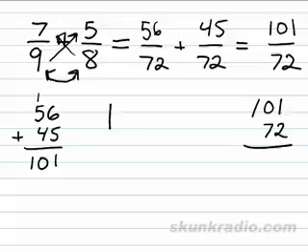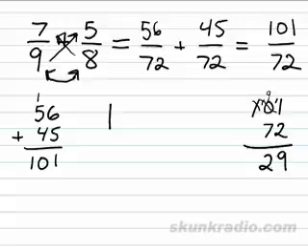I can't borrow from 0, so let me borrow 1 from this digit, and I'm going to write a 10 here. And now I've got 10 here. Let me cross this out. This is going to become a 9 because I just borrowed 1. And then here's the one that I finally borrowed over here. So it's 11 minus 2 is 9. And 9 minus 7 is 2, so 29.